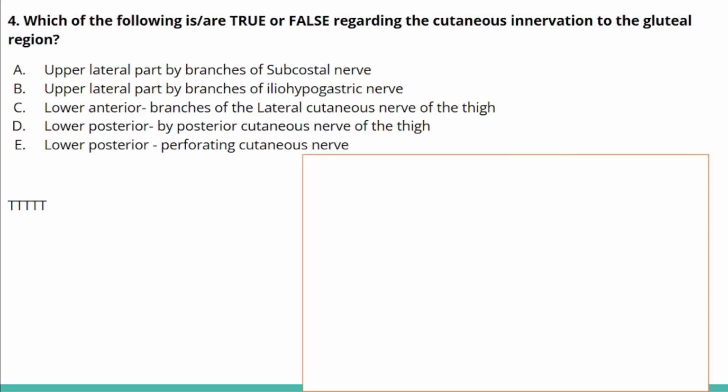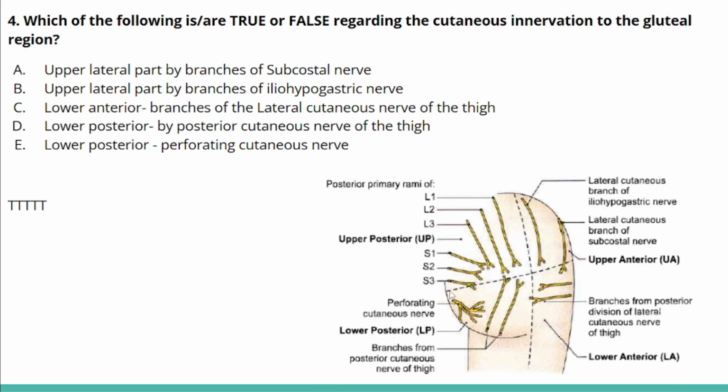Question 4. Which of the following are true or false regarding the cutaneous innervation to the gluteal region? We can remember by dividing the gluteal region into 4 because it's easy to remember. We can divide as upper anterior, upper posterior, lower anterior and lower posterior.